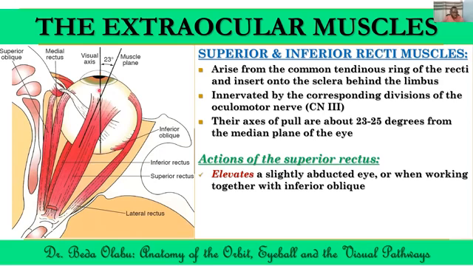If it is working in this position, perhaps together with the inferior oblique simultaneously, which we are yet to talk about, but this one here. So if this inferior oblique is acting and superior rectus is also acting, they will both elevate the eye.